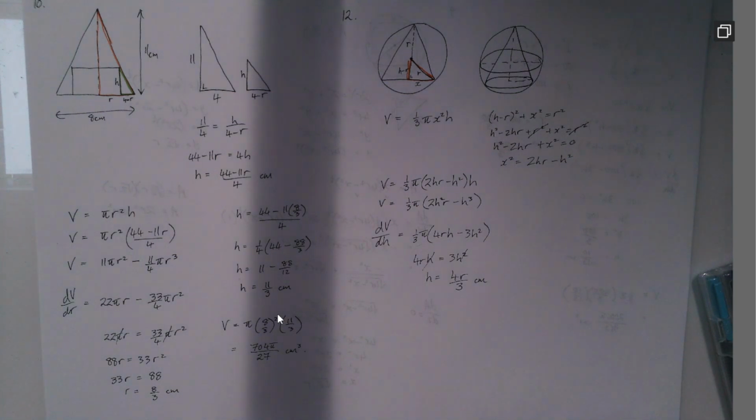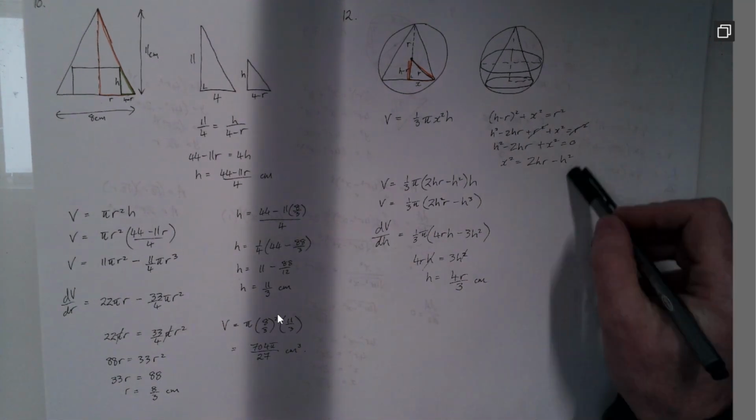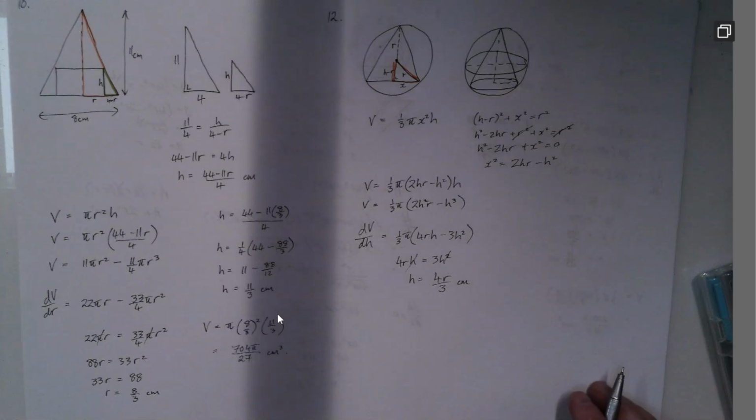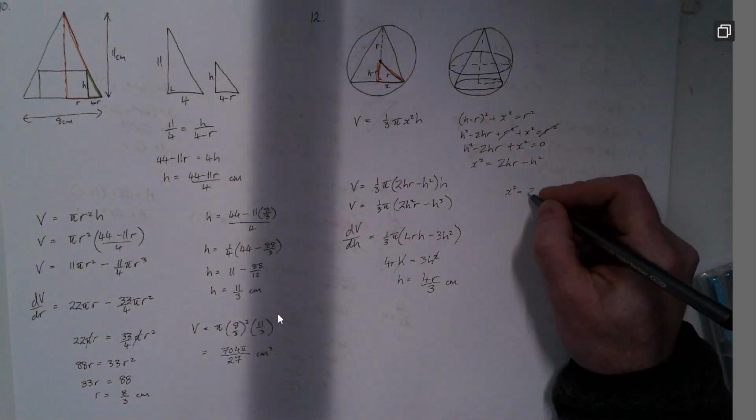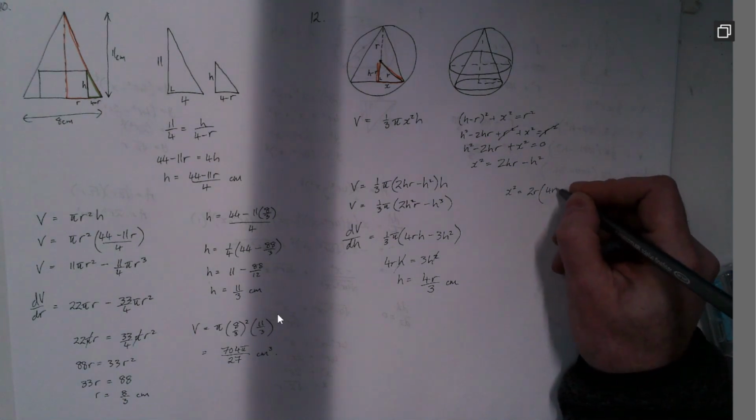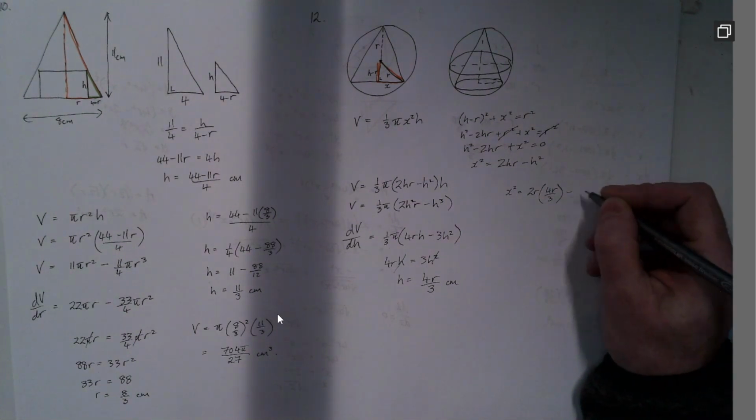So there's the h again, let's get the value of x squared. Using the formula from before, x squared equals 2r times h minus h squared, so 2r times 4r over 3 minus (4r over 3) squared.